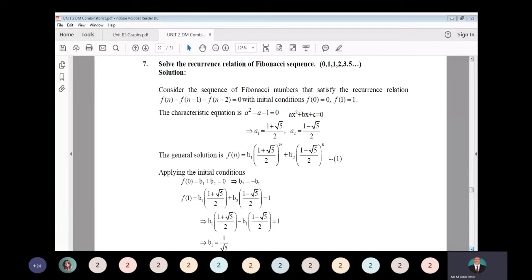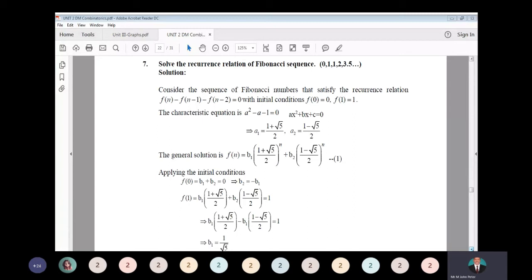Those two roots are different real numbers.